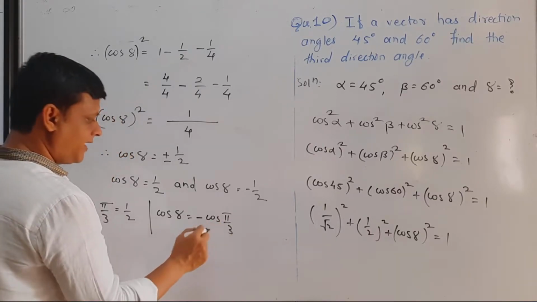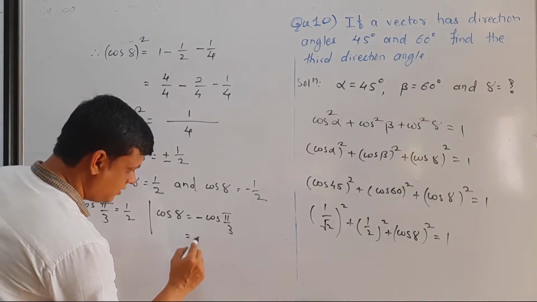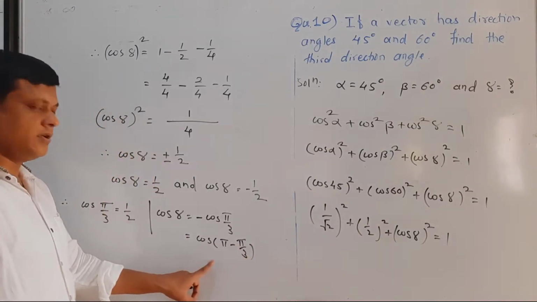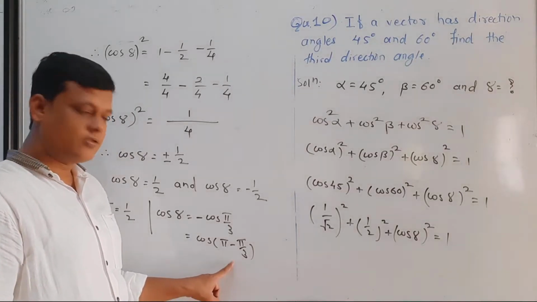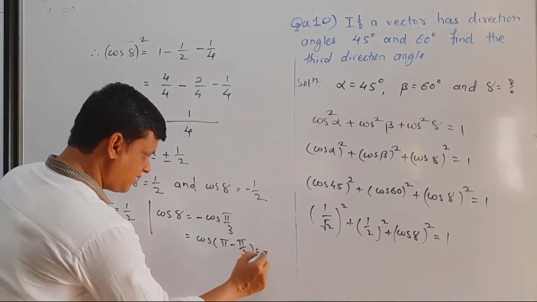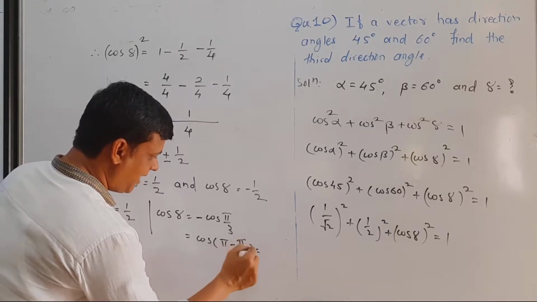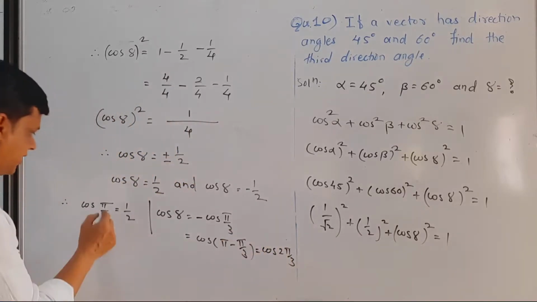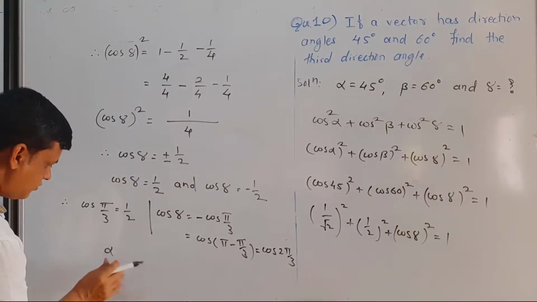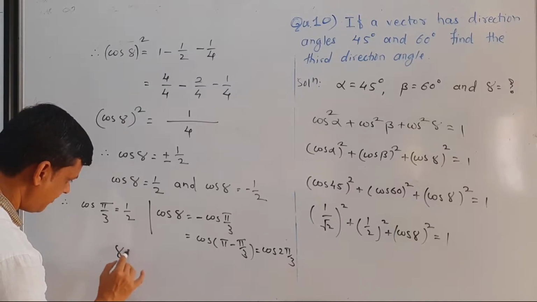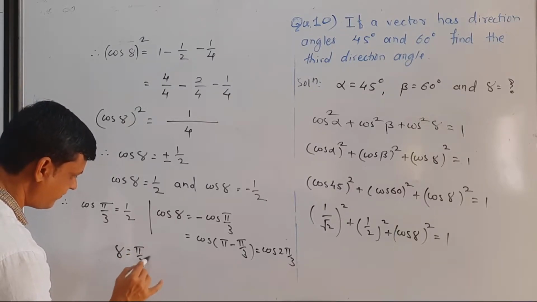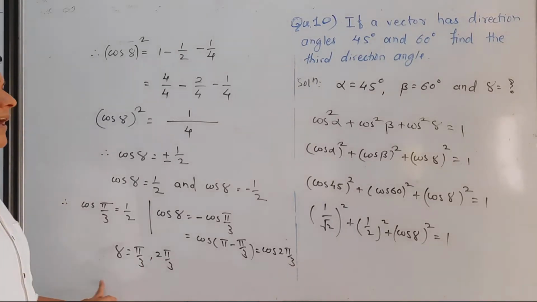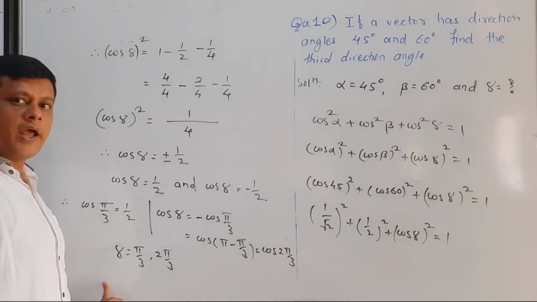This can be written as cos of pi minus pi by 3, because cos of pi minus theta is minus cos theta. So we find this value: pi minus pi by 3 is 2 pi by 3, cos 2 pi by 3. That means we get the value of gamma as pi by 3 and 2 pi by 3. So in this way we can find the third direction angle.